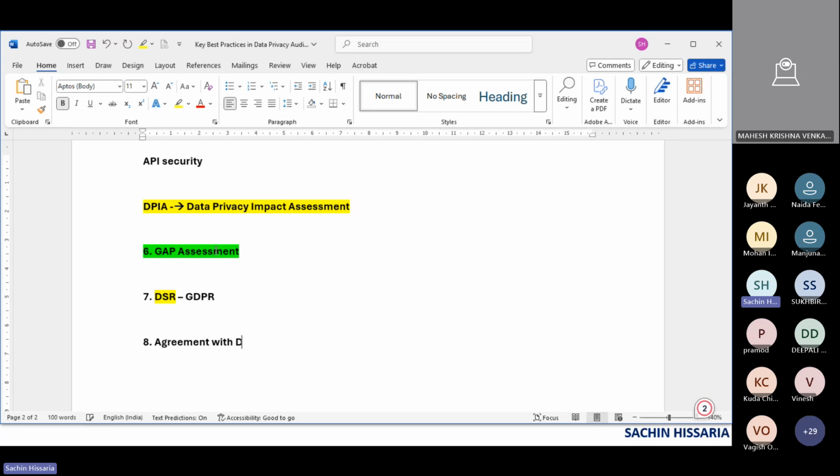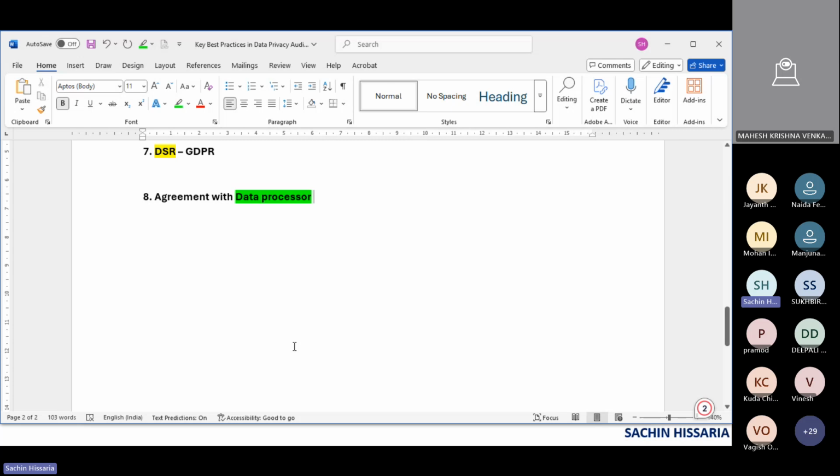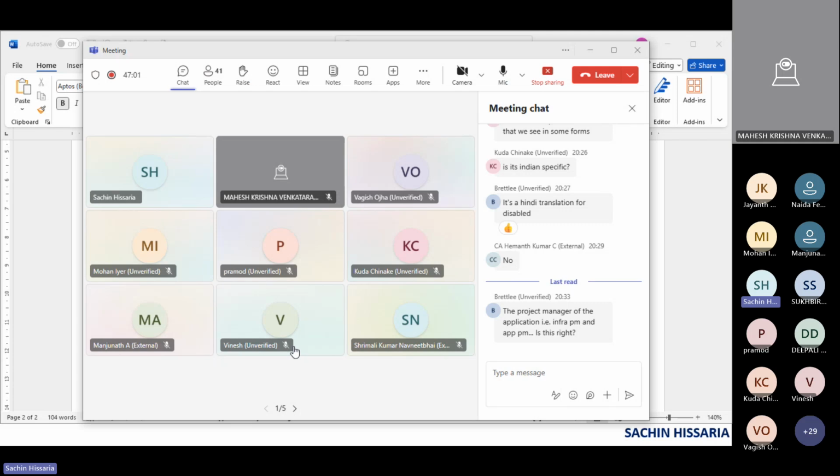For example, if you have engaged a data processor for the purpose of processing data, as we discussed initially, whenever we are doing any kind of engagement with data processors, the company needs to make sure that their agreement includes all the important clauses such as right to audit, clauses related to NDA, confidentiality, BCP DR, reporting of an incident, complying with data privacy, complying with internal policies and procedures, SLA, and the monitoring of the SLAs.